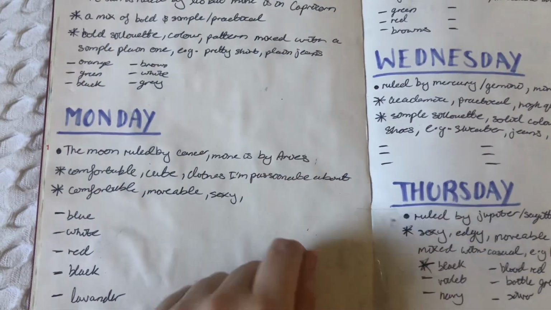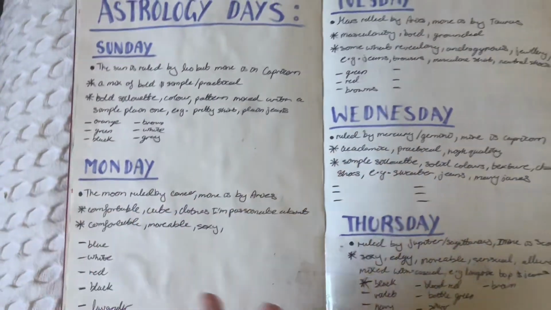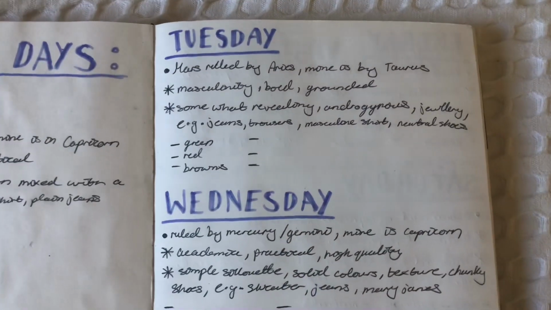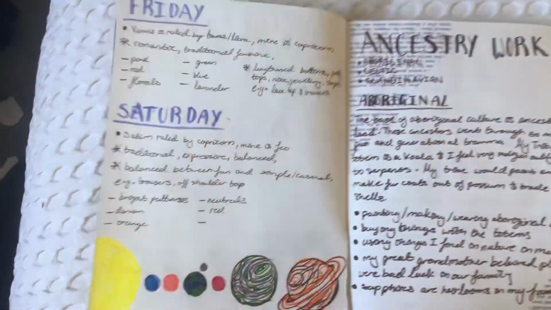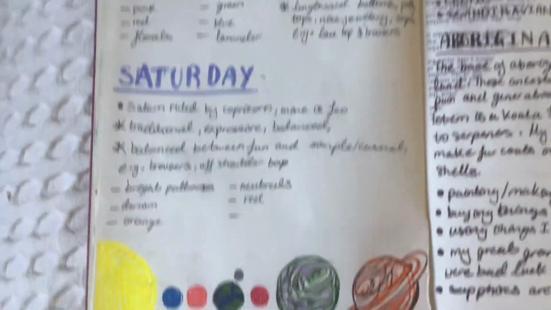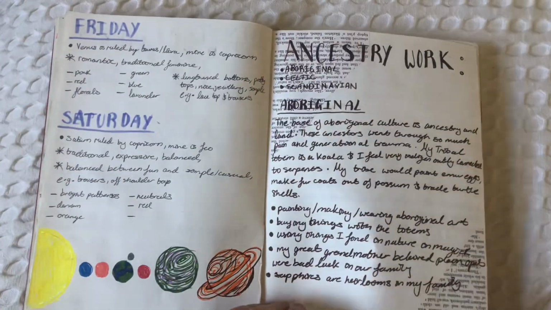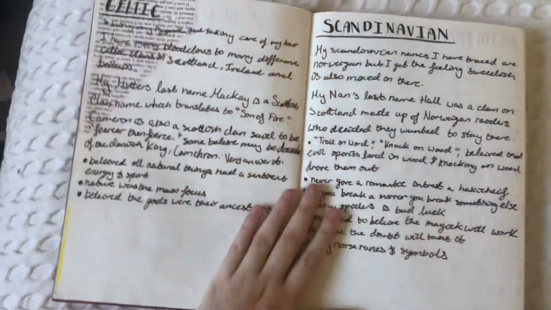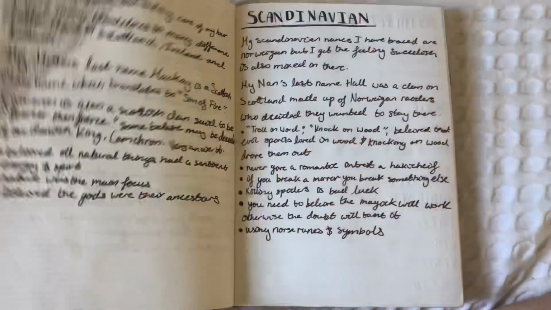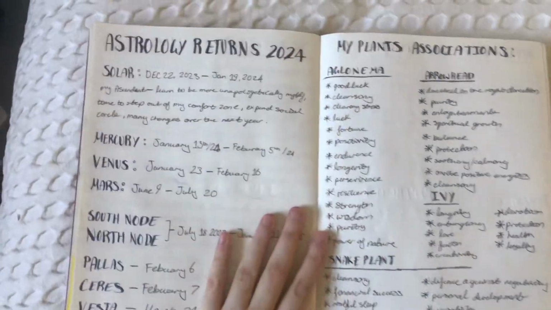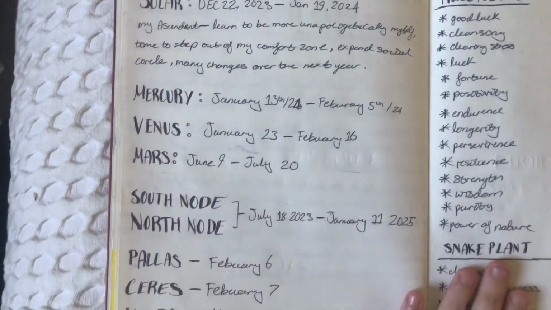Monday ruled by the moon, I have an Aries moon, etc., etc. Saturday. It's about my ancestors, so there's not really much for me to show you. Celtic Scandinavian ones. Those are my Aboriginal ones. Astrology returns I have this year.